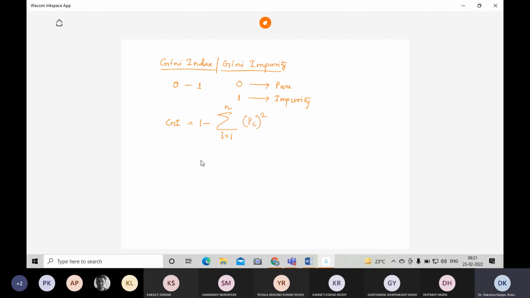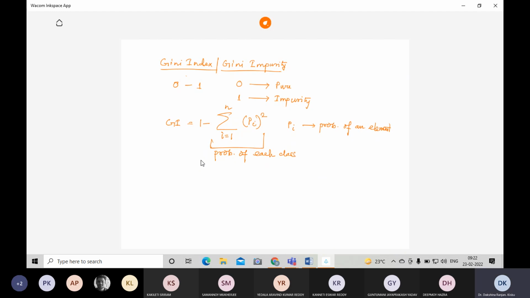Here pi is the probability of an element, and this summation of the squares of pi is taken over the probabilities of each class.